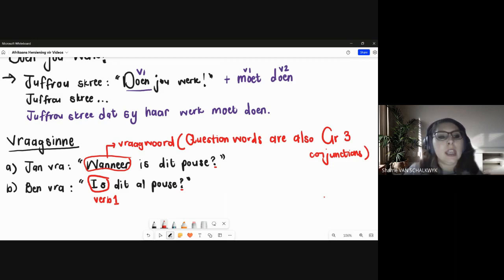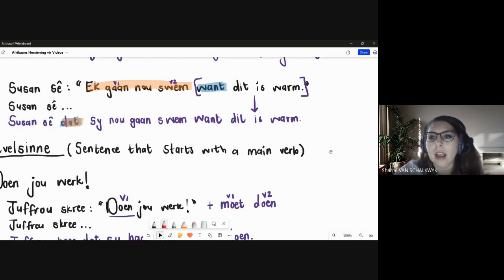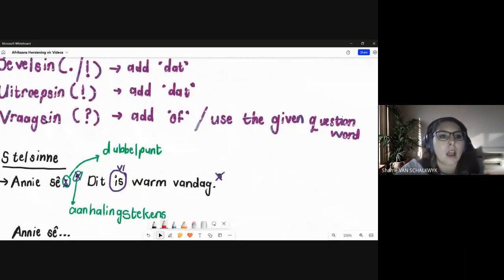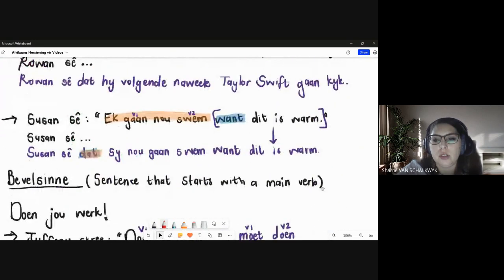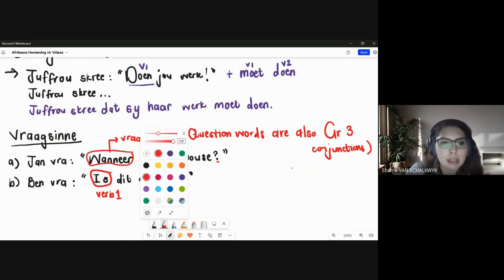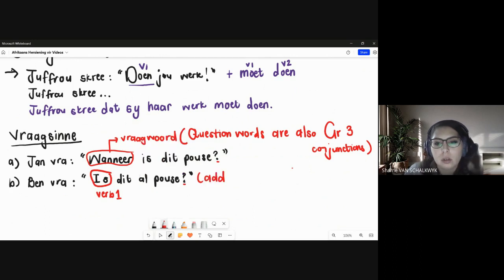And then in option B, there isn't anything. So this is where we add an of. If we just go back up to the notes we made earlier, I said for a question, you add of or you use the given question word. So there we have the given question word in example A, but in example B, there's nothing. So it's here that you now will add of.